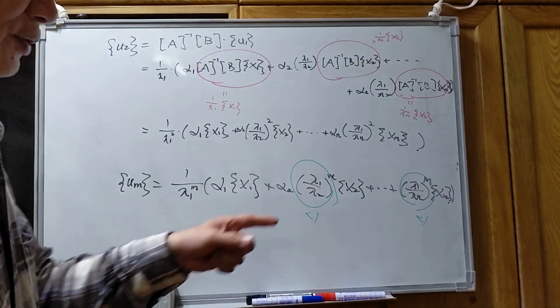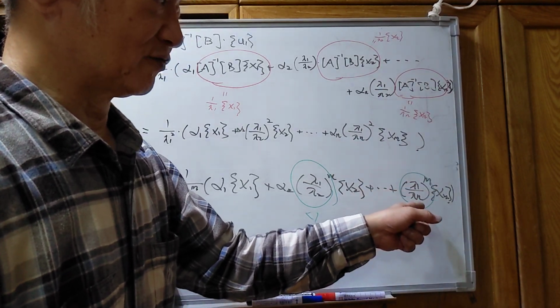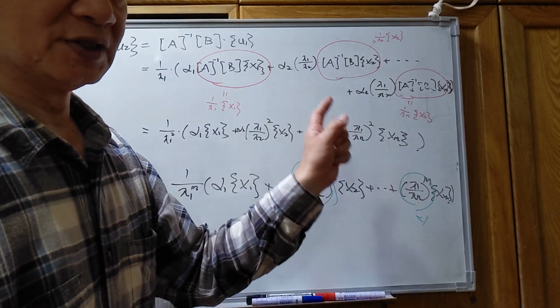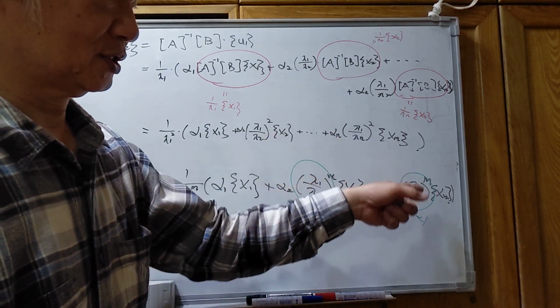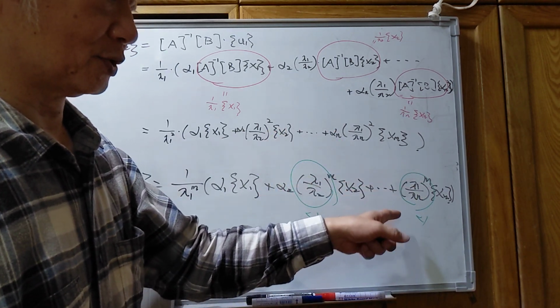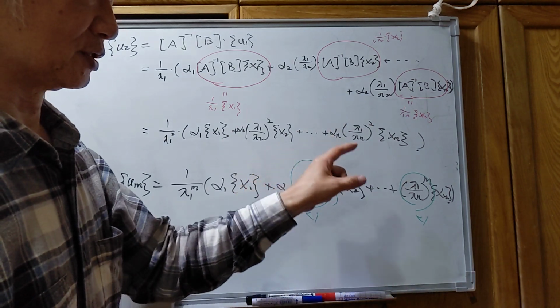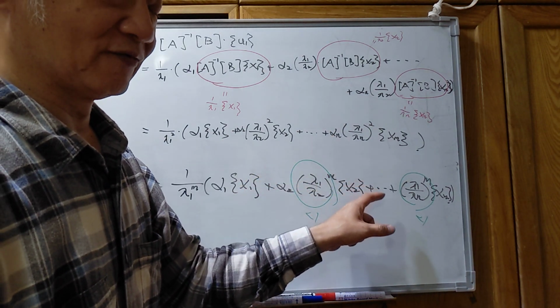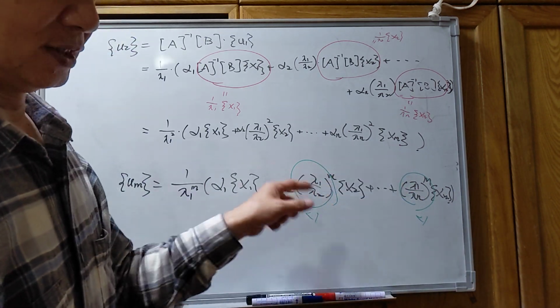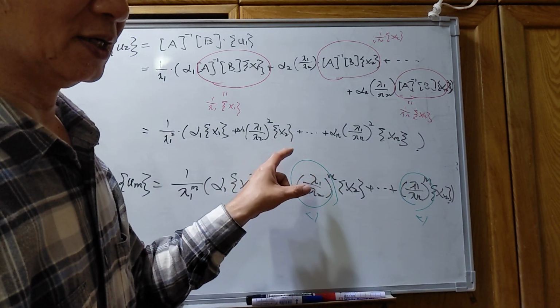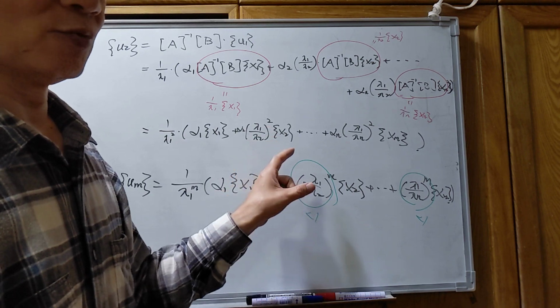And we know the lambda 1 divided by lambda n will be the smallest. If we calculate the absolute value, this one will be the smallest. This one is greater than the lambda 1 divided by lambda 3. But it is still a number less than 1.